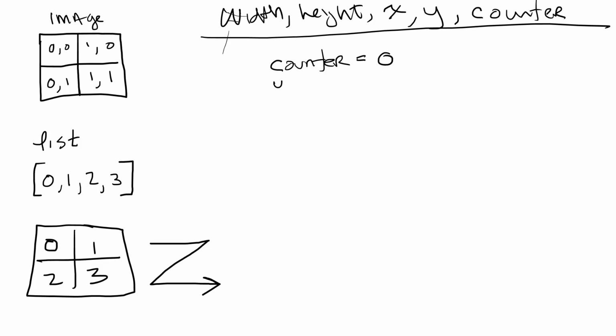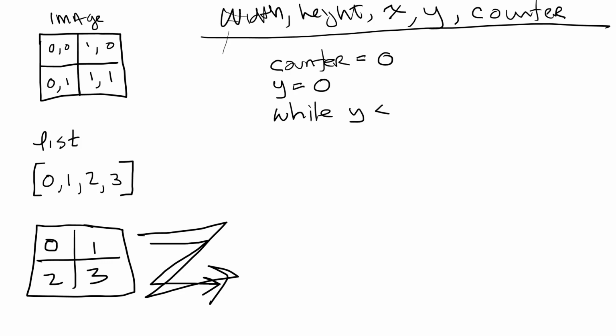Now, we also set y equal to 0, because again, we want to traverse the image like this. While y is less than height, now we have x equals 0 while x is less than width.